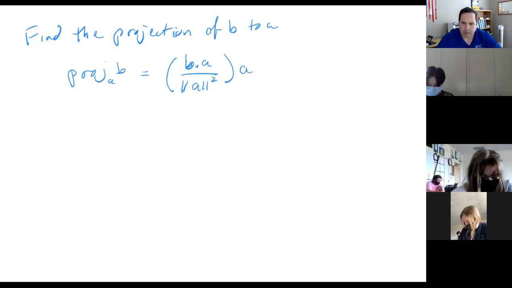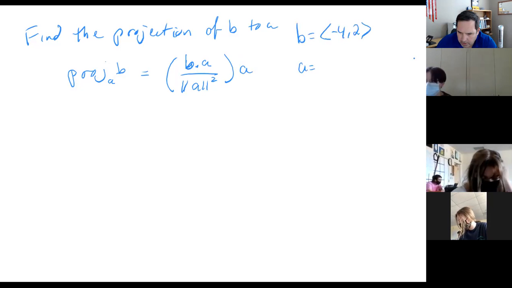There we go. Okay, what did they give you for vector B? For B, I got -4, 2. And for A, I got 3, 2. Okay, and they gave you the vectors, or did you have to calculate them? It just gave me the vectors. Perfect.